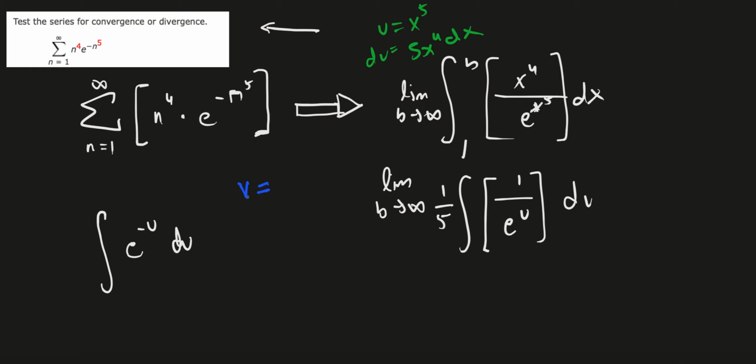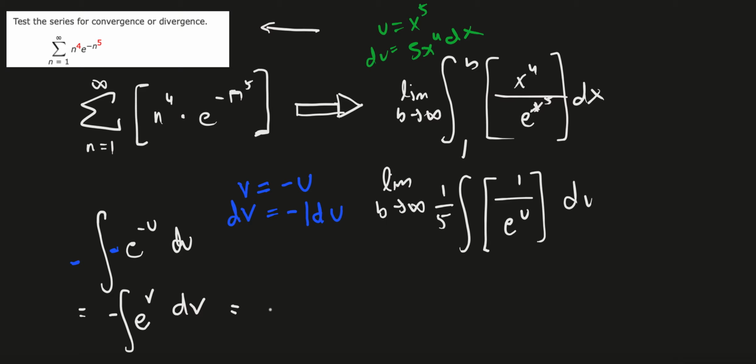So we'll set v equal to negative u, so dv is equal to negative 1 du. If we have a negative here, we can add a negative outside. So this ends up being negative, and negative du is dv, and then e to the v.